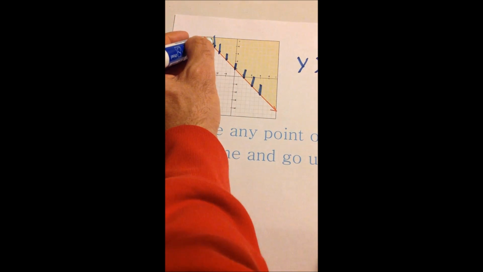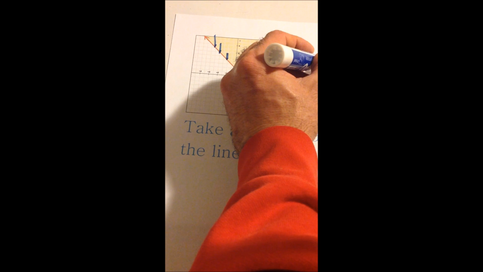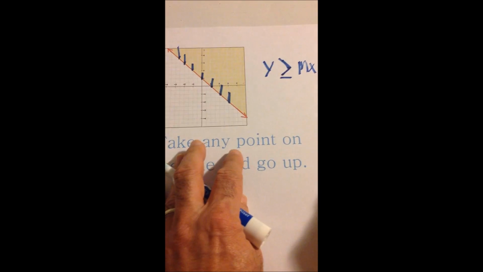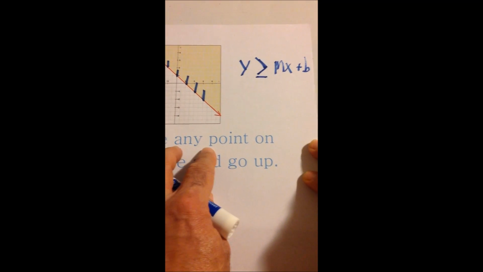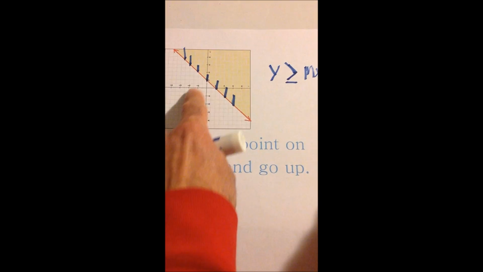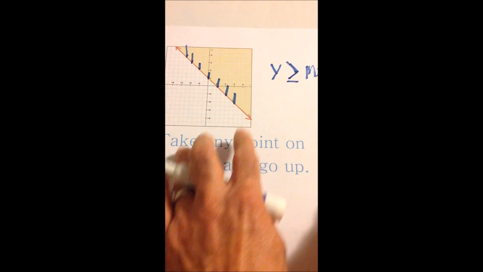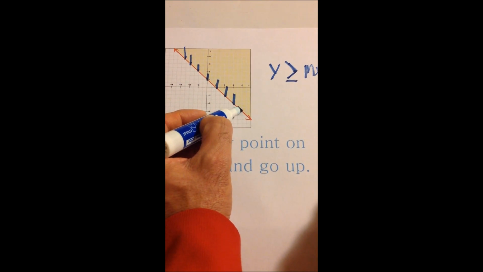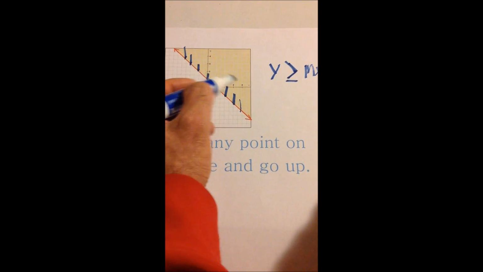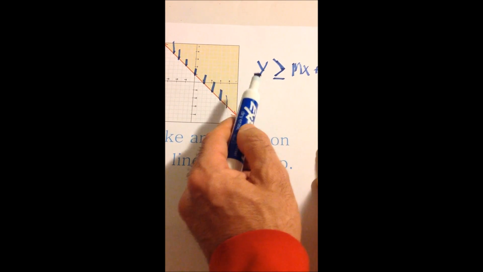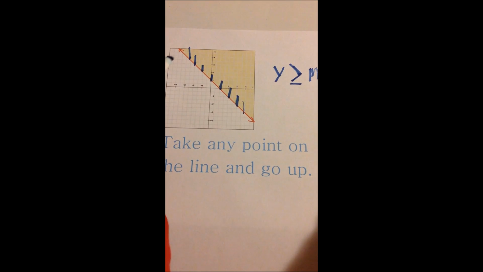In this case it's a solid line, so y is going to be greater than or equal to mx plus b. So again, if the solution is above, y is greater. If the solution is below, y is less. One more time. We went up on the line, and here's the solution, the shaded area. That means y is going to be greater, and it's greater than or equal to because it's a solid line.